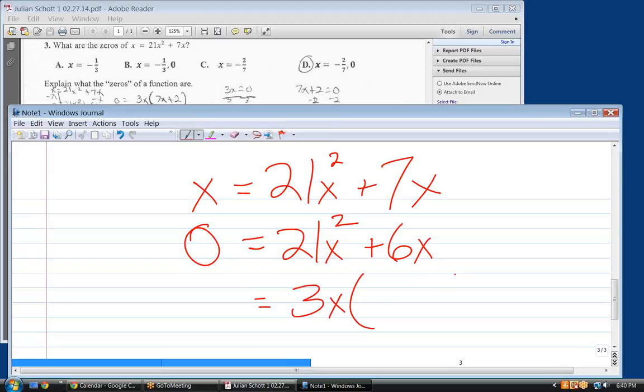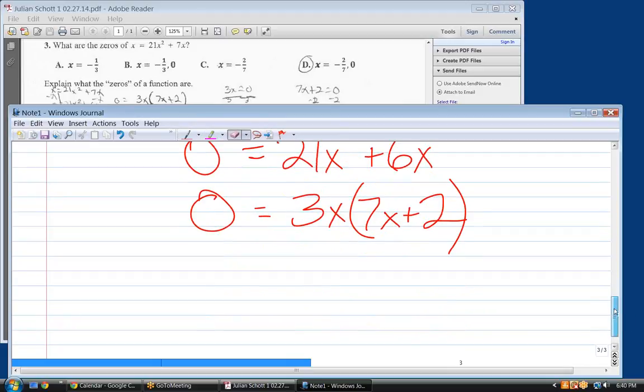When you divide both terms by 3x, what are you left with? 7x plus 2. Now I've got the product of two things equaling 0. Okay. So what are my solutions?